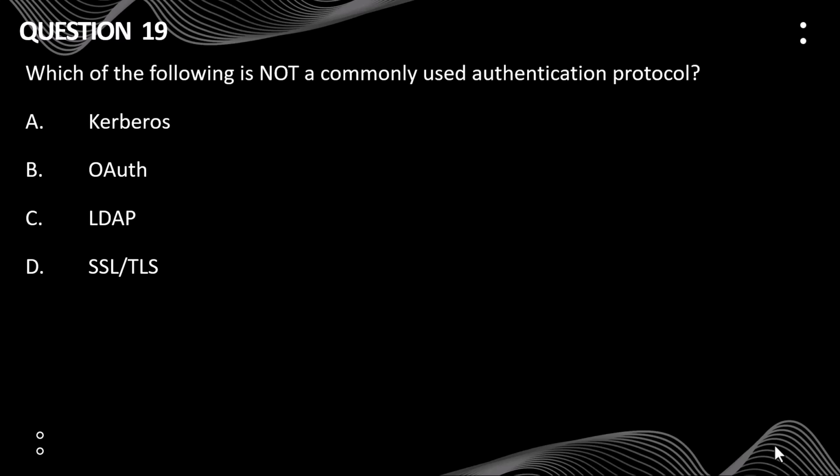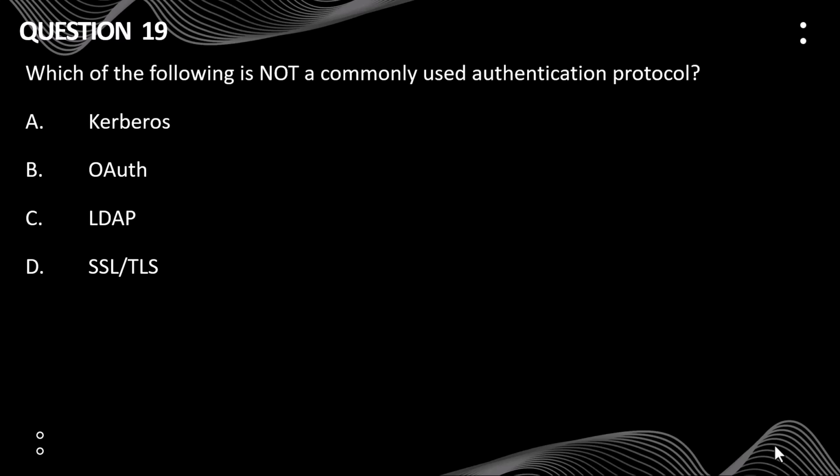Now remember, the question says which of these is not a commonly used authentication protocol. Kerberos is a commonly used authentication protocol because it's used to verify the identity of users.